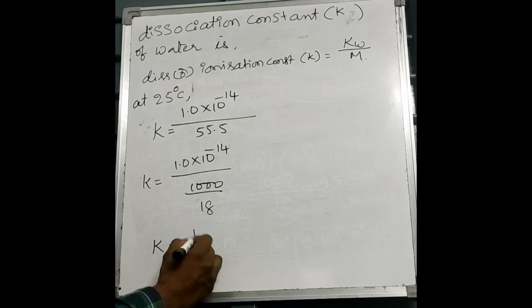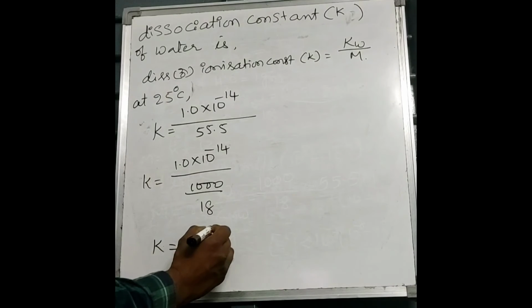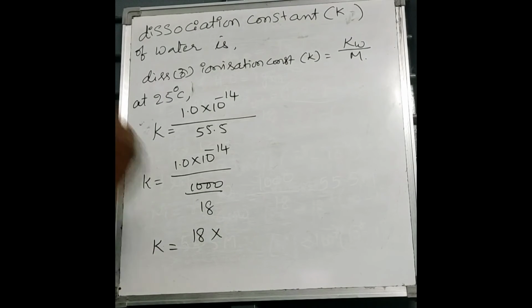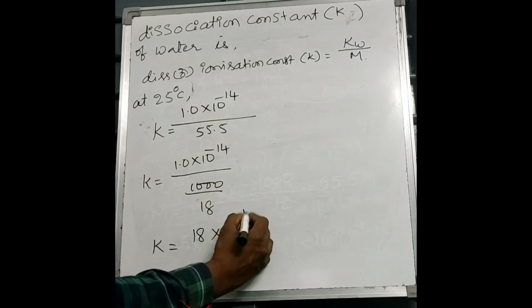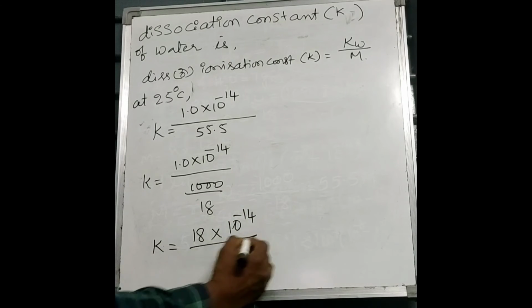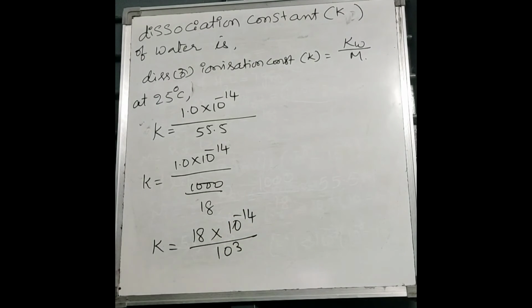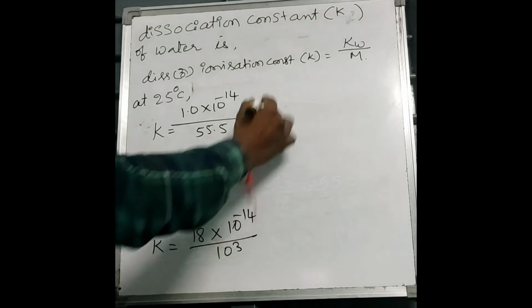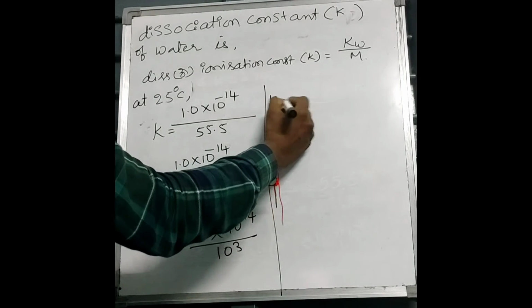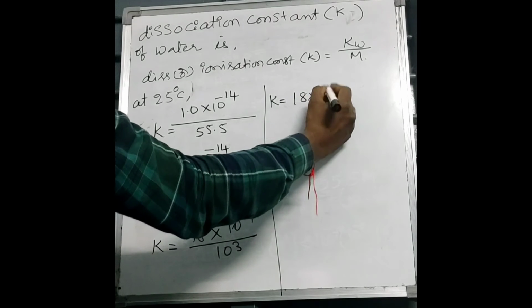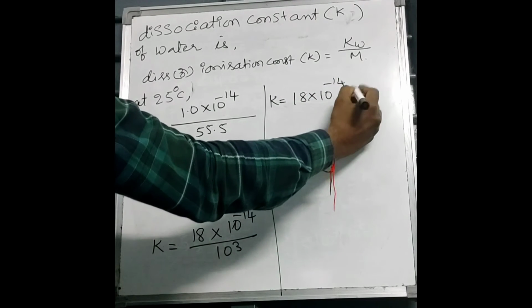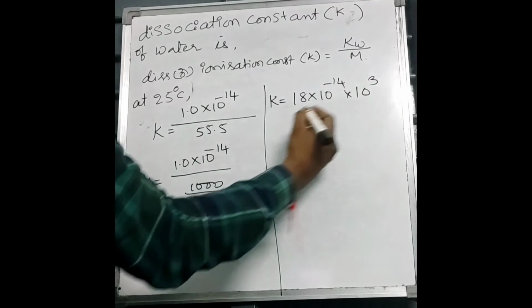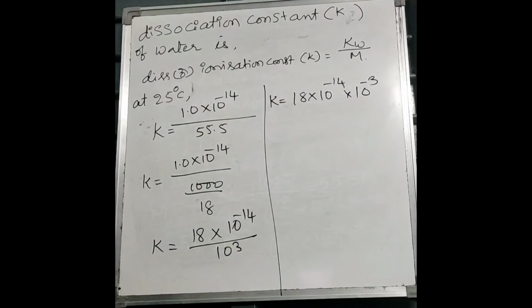When you simplify, 18 comes to the numerator, divided by 10 power minus 14 by 10 cube, right? See how we can change this. 10 power 3 comes to the numerator, so it becomes K equals 18 into 10 power minus 14 into 10 power minus 3, that is, minus 14 minus 3.